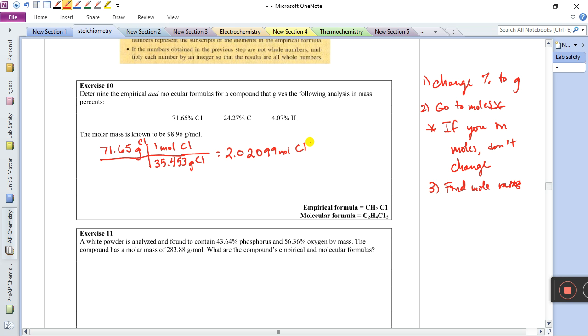All right, so we'll do the same thing for carbon. So we have 24.27 grams of carbon. I'm going to run out of space. And if we've got grams of carbon, we need to go to moles, which means we need our molar mass. What's molar mass for carbon?